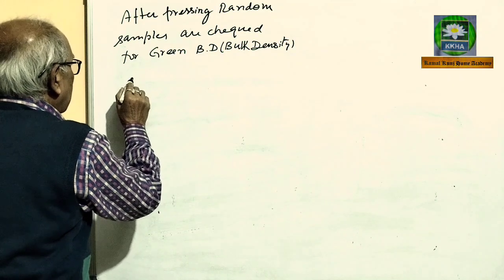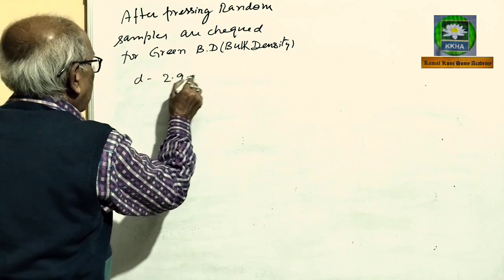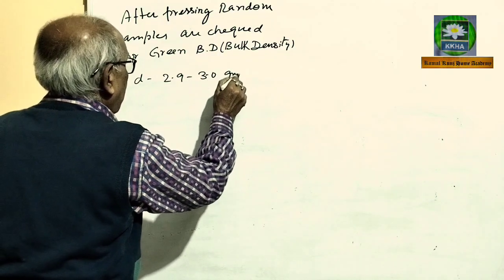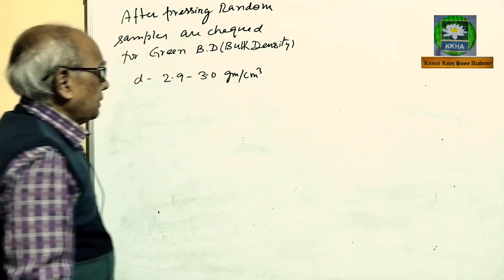The density should be 2.9 to 3.0 gram per cubic centimeter.